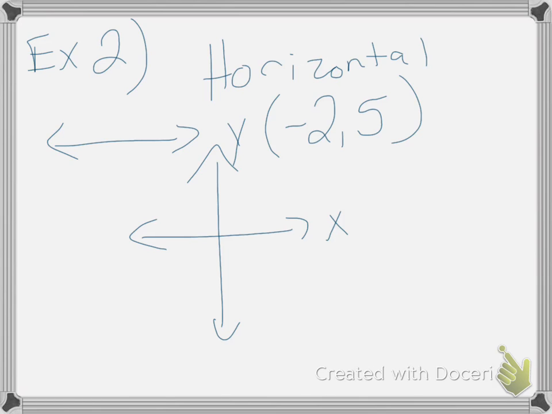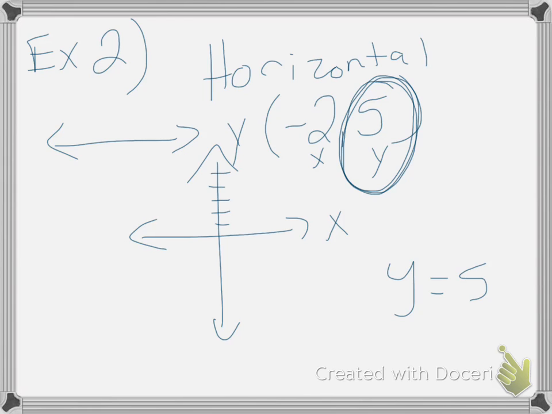Horizontal means we need the y. Which one's the y? This is the y. So y equals 5. 1, 2, 3, 4, 5. There we go. On the 5th one. That purple line is y equals 5.